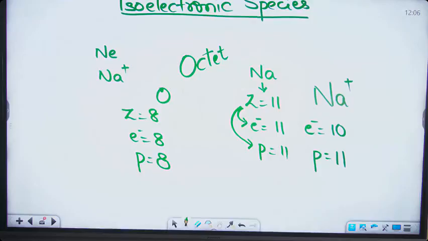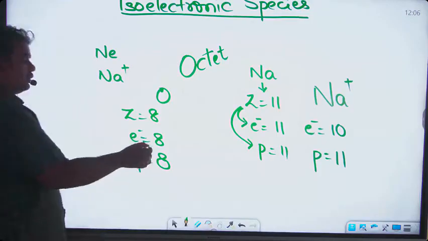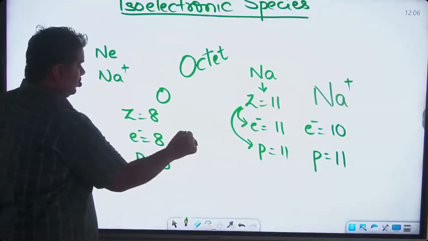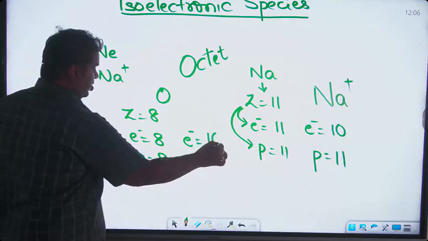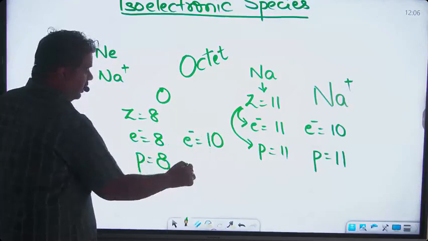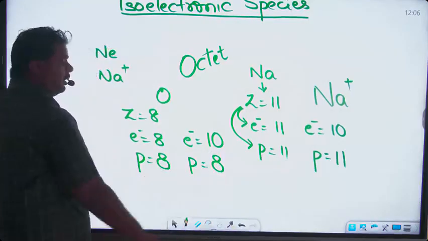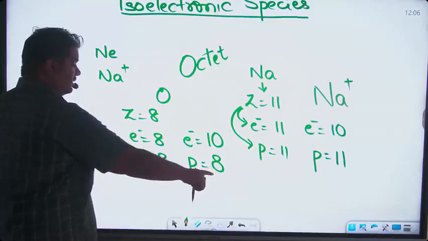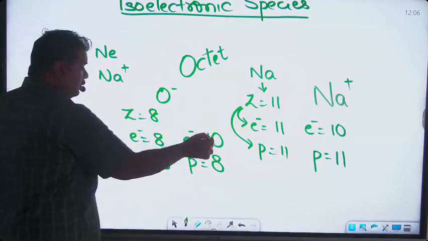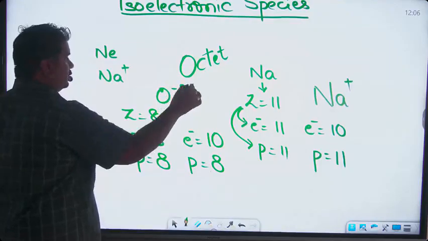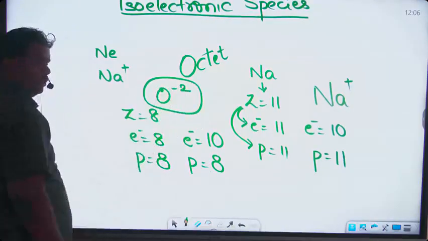So when oxygen gains 2 electrons, the electrons become 10. But the proton number does not change, so protons remain 8. Here two negative charges are in excess, so we write this as O minus 2.